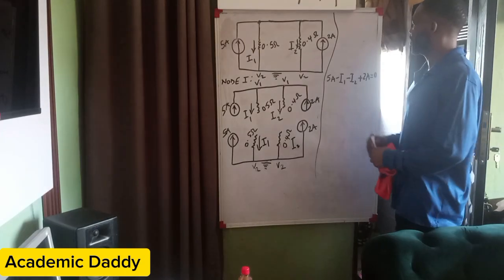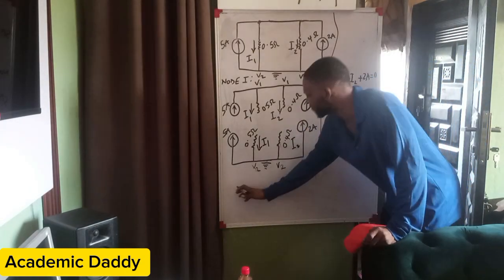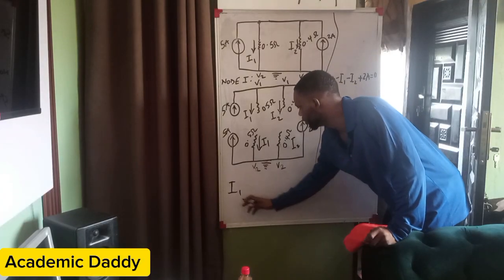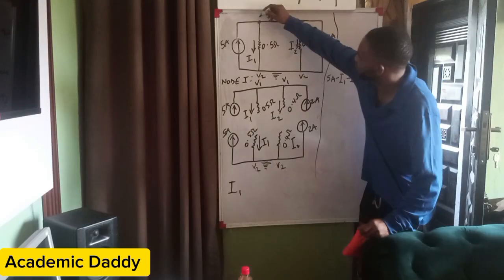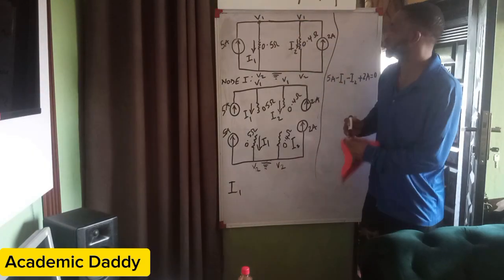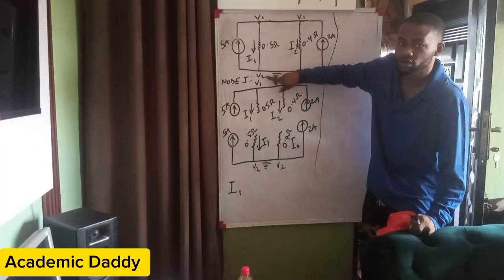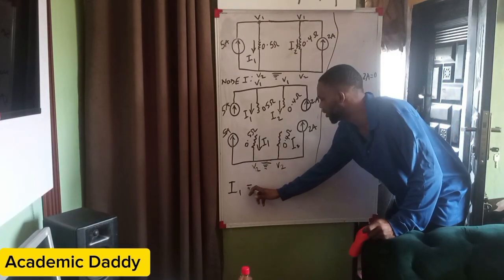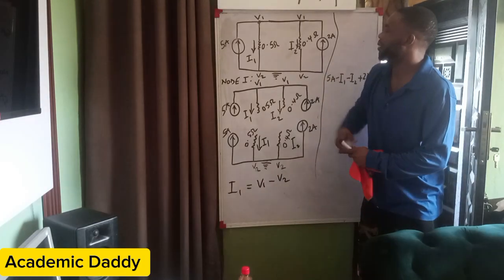So if I've noted this, let's check the current I1. Let me first draft it out. Notice that if this is V1 and this is V2, I1 is in between V1 and V2. So I1 is simply equal to V1 minus V2. It moves from higher potential.